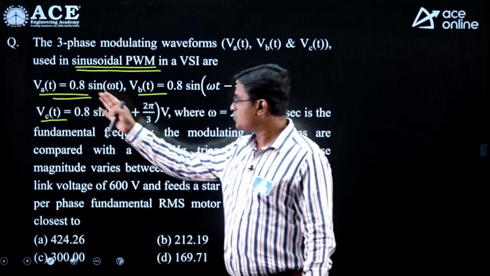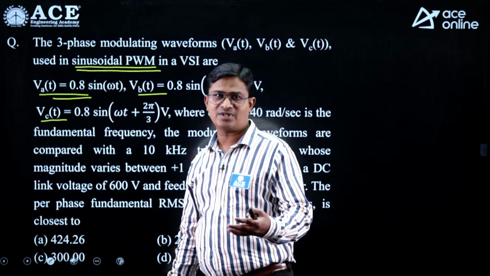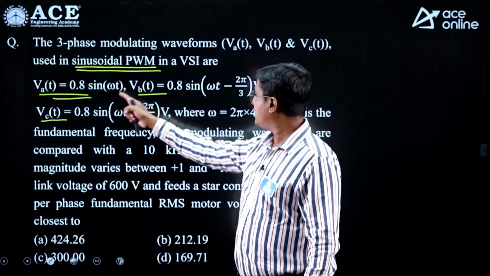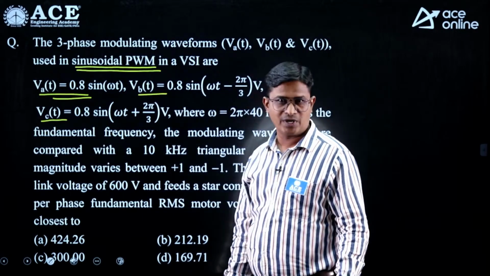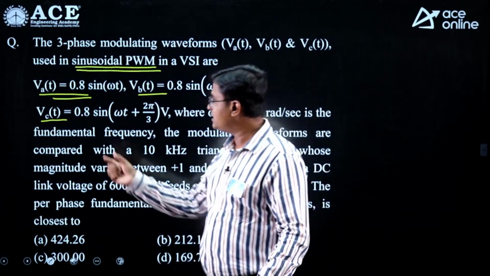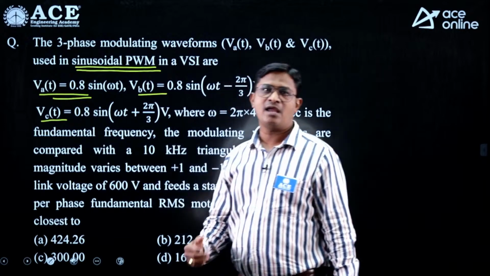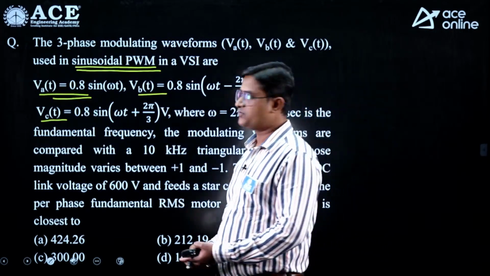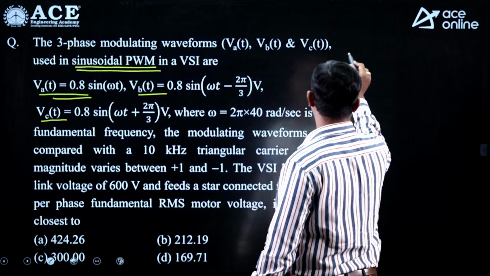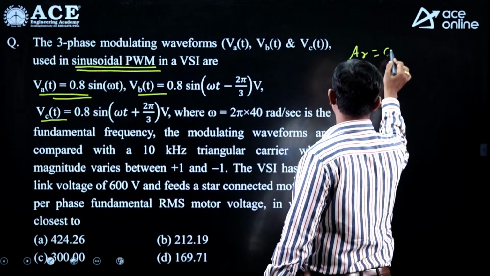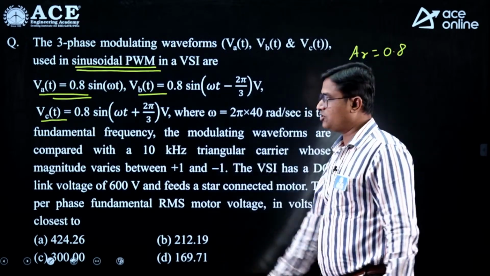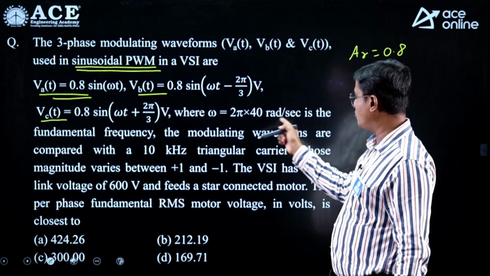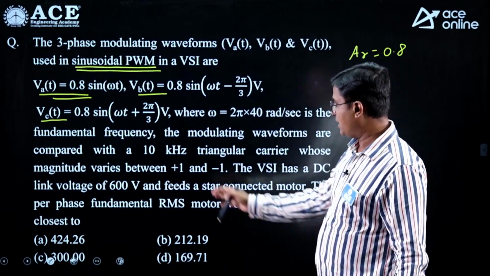So here they have given three-phase reference voltages, and they are mutually phase displaced by 120 degree. Now can I say that this 0.8 is nothing but the amplitude of a modulating voltage, means amplitude of a reference voltage? So can I say that amplitude of reference voltage, AR, is 0.8, right? Next, omega is given as 2 pi into 40 radian per second, fundamental frequency.